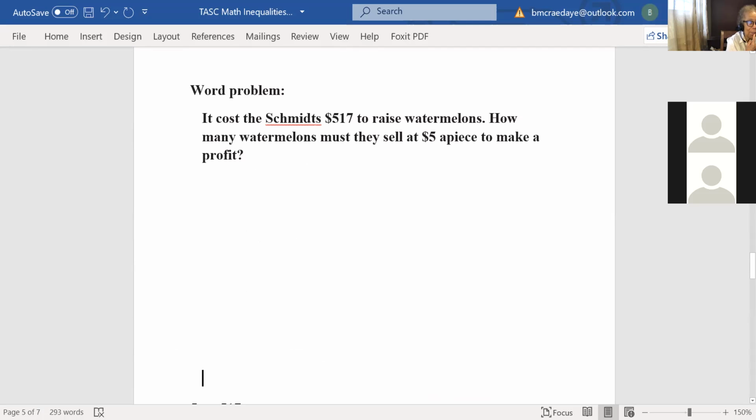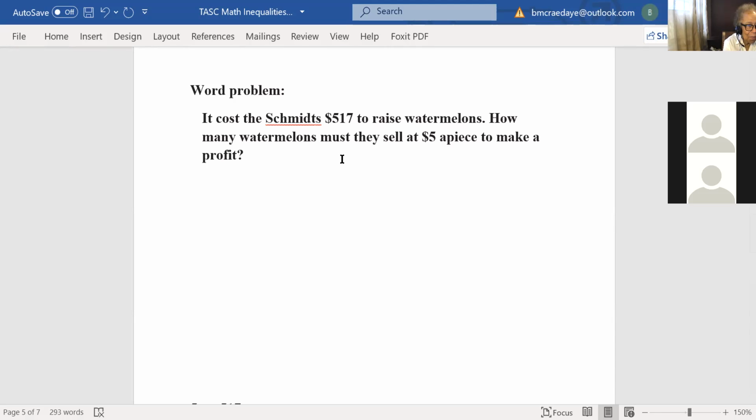Vanessa, how would you solve this problem? It's a word problem. How would you set it up? It cost the Smiths $517 to raise watermelons.